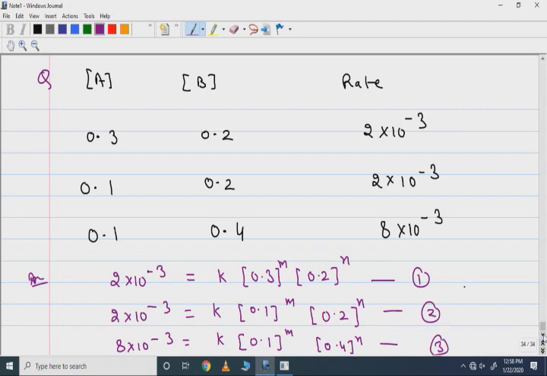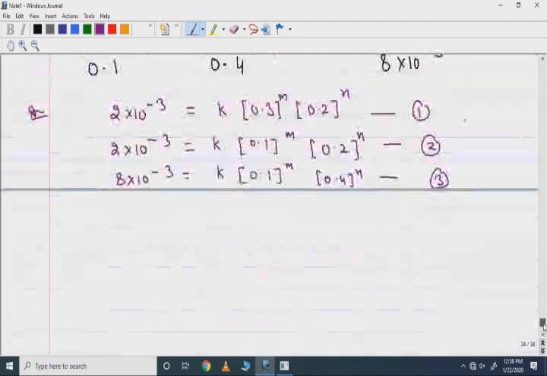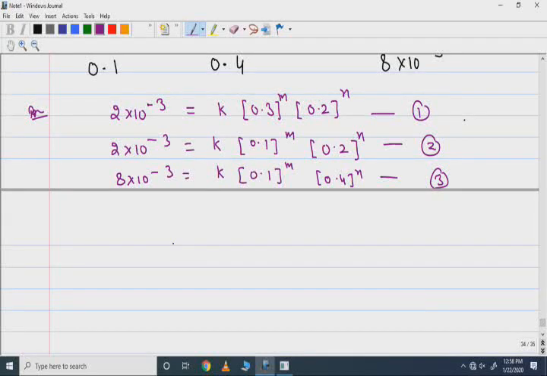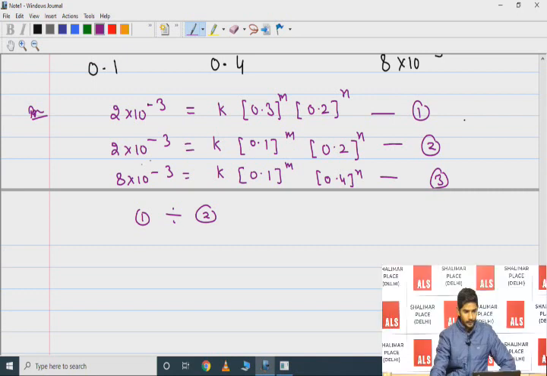So again, I have to pick equations. Okay. So first of all, I'll choose 1 and 2, because here I know that n will completely get cancelled out and rates are also equal. So on the left hand side, I'll get the 1, and on the right hand side, I'll get the 3 power m. So what should be the value of m so that it will become equal to LHS?